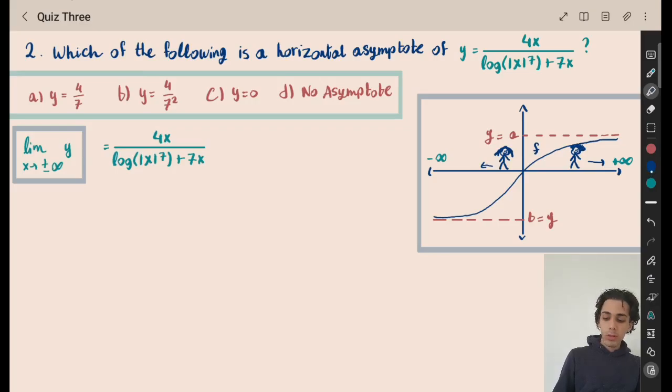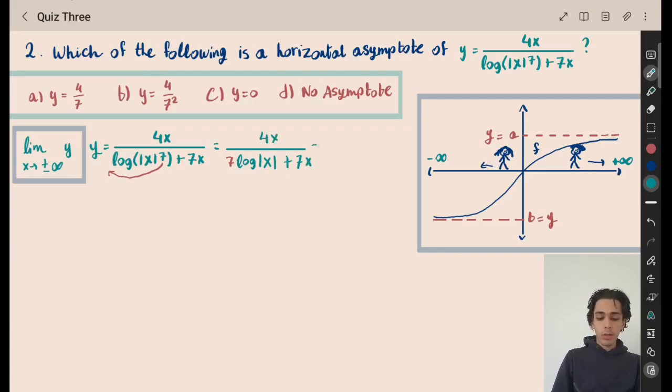Now, before we proceed, I would like to play a little bit with this expression for y. And so I hope you don't mind if I use the property of the logarithm to bring this power outside. So you get 7 log absolute x plus 7x.